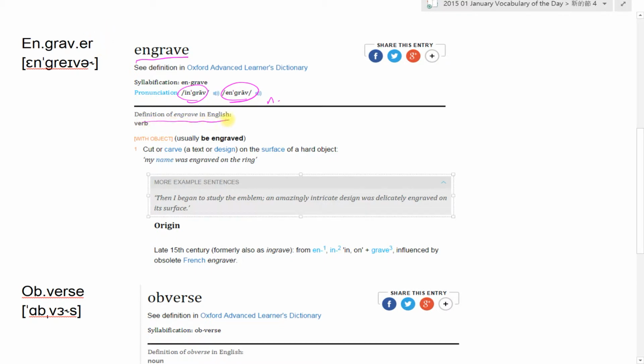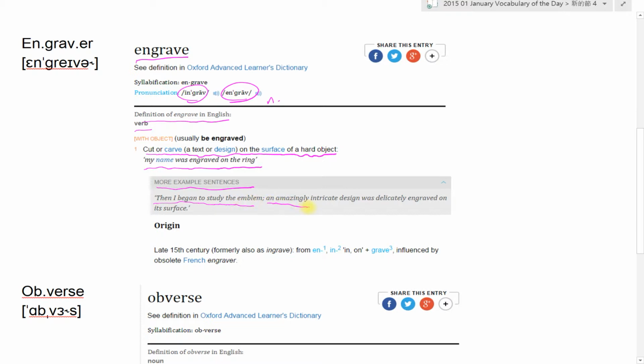Definition of engrave in English. Verb. Cut or carve a text or design on the surface of a hard object. My name was engraved on the ring. More example sentences. Then I began to study the emblem.